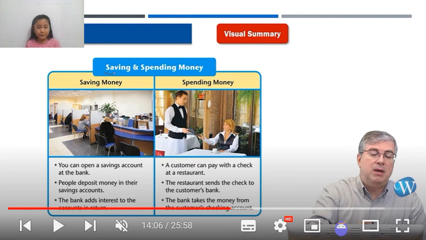And then after that, those restaurants would send this to the banks, right? If you have accounts at different banks, then you need to send it to the right bank. And the bank would take the money from you.